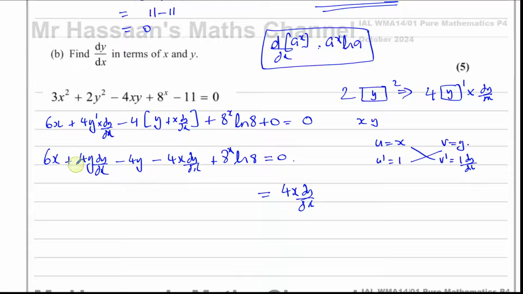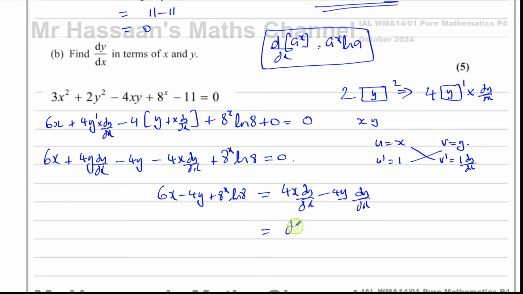I added that to both sides and subtract this, minus 4y dy dx on this side, and on this side I have 6x minus 4y plus 8 to the power of x ln 8. Otherwise I'd have made all of them would have minus in front of them. It would look a bit messy.